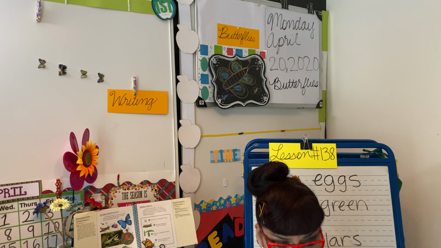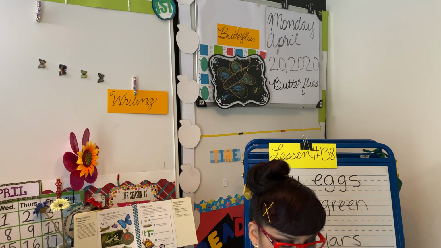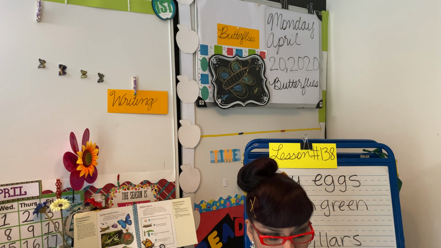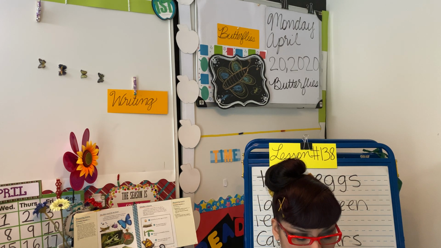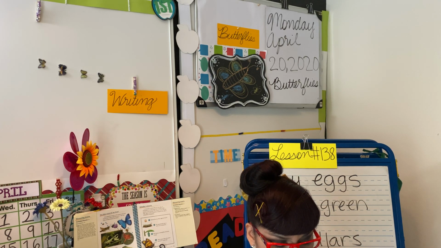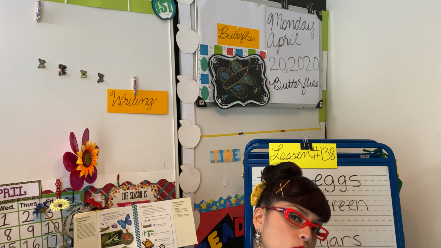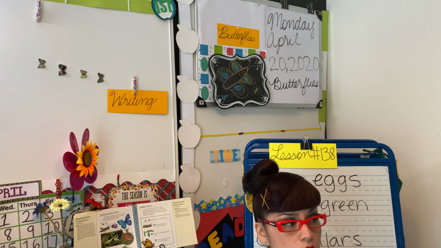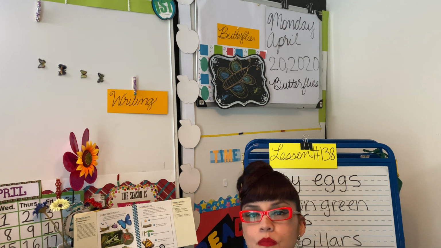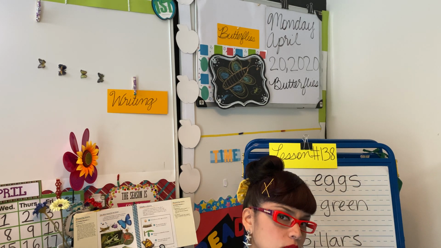Okay, so based on the information that I have just given you, you need to make sure that you're including the following. Let me give you some additional information. You need to write your own story about butterflies. We're talking about the life of a butterfly, the growth of a butterfly.